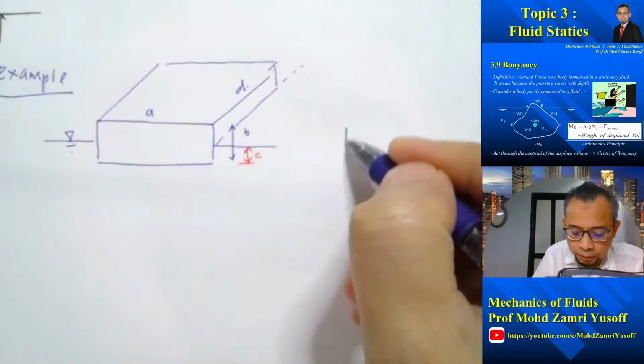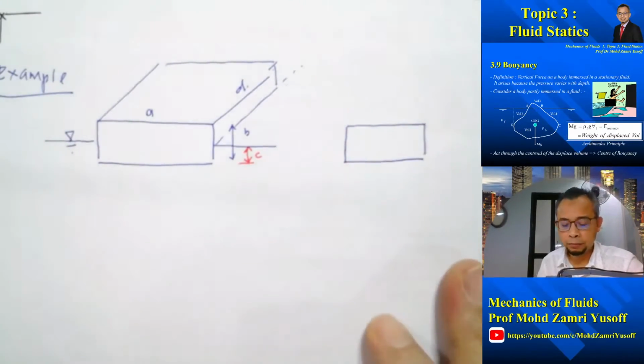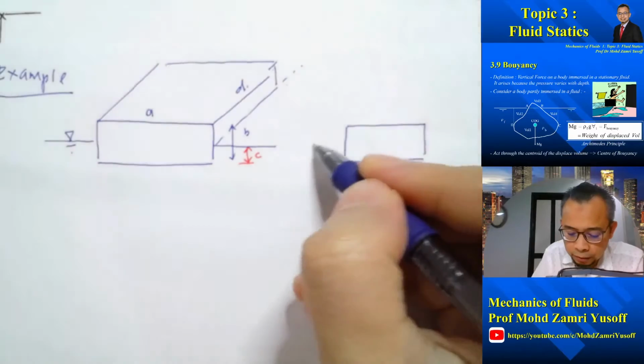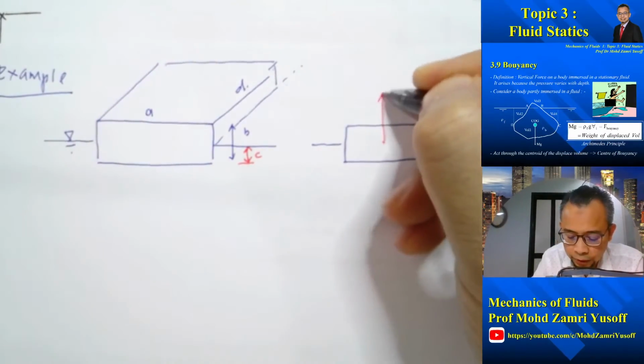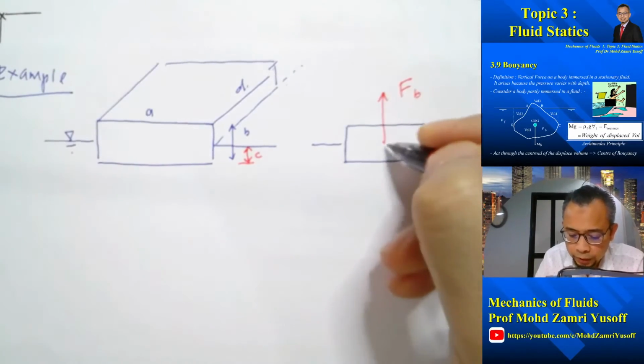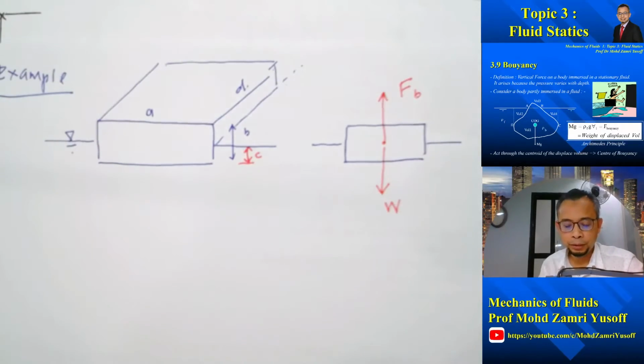If I draw the free body diagram of the forces acting, we have the buoyancy force acting upward and the weight acting downward.